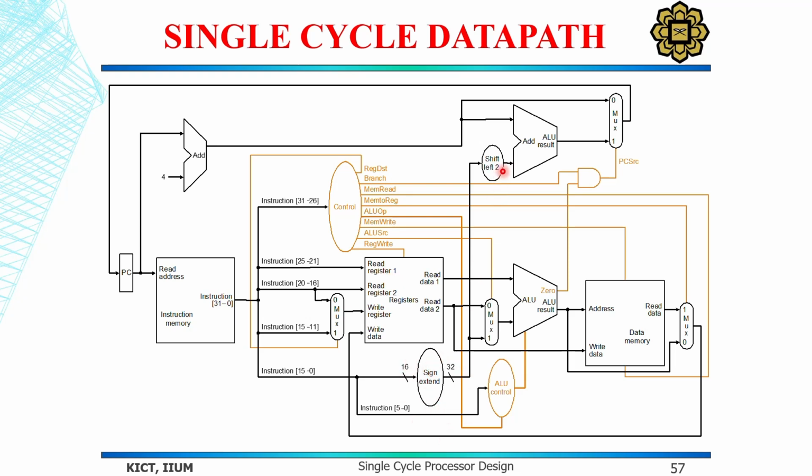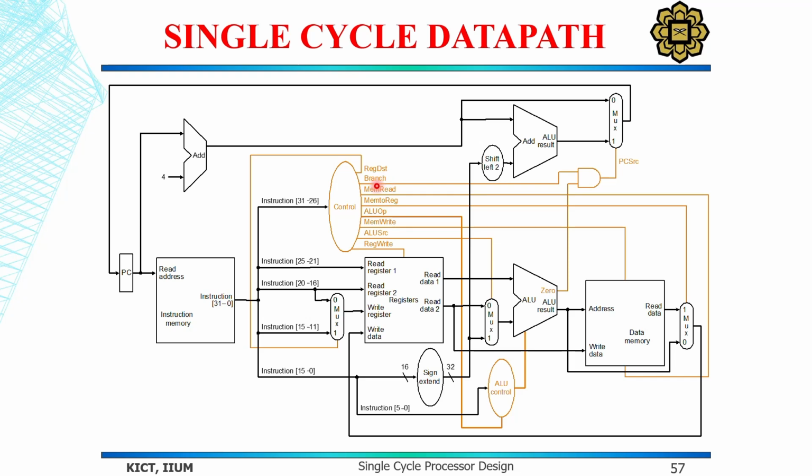We are already familiar with all these components, which are instruction memory, adder here, register file, sign extender. Then we have a shifter here, ALU controller, and then the data memory and some multiplexers here to select the data. You can also see there are different control signals, like the destination register, which selects the destination register, either RT or RD.